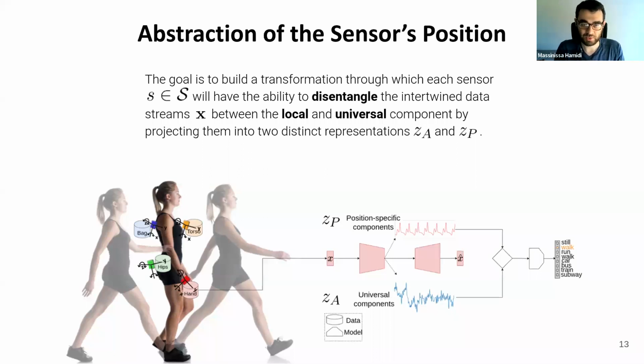These can correspond to the different types of motions that I described previously. So our goal is to build a transformation able to perform such separation, to separate the different types of information that are inside the data.